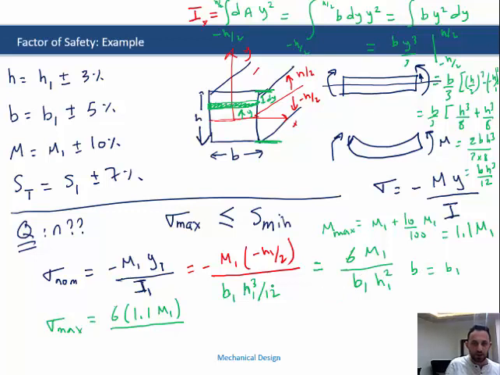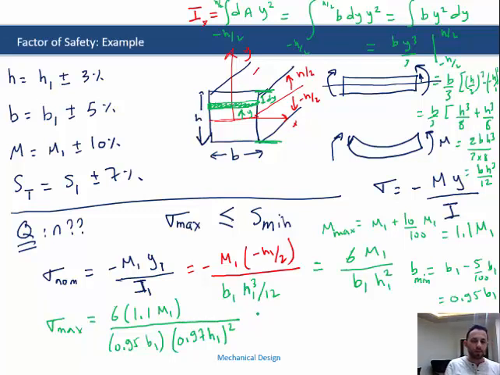We need to minimize b in order to increase sigma. b1 minus 5% of b1, which is equal to 0.95 b1. h1 as well, we need the minimum value, minus 3%, which is equal to 0.97 square.